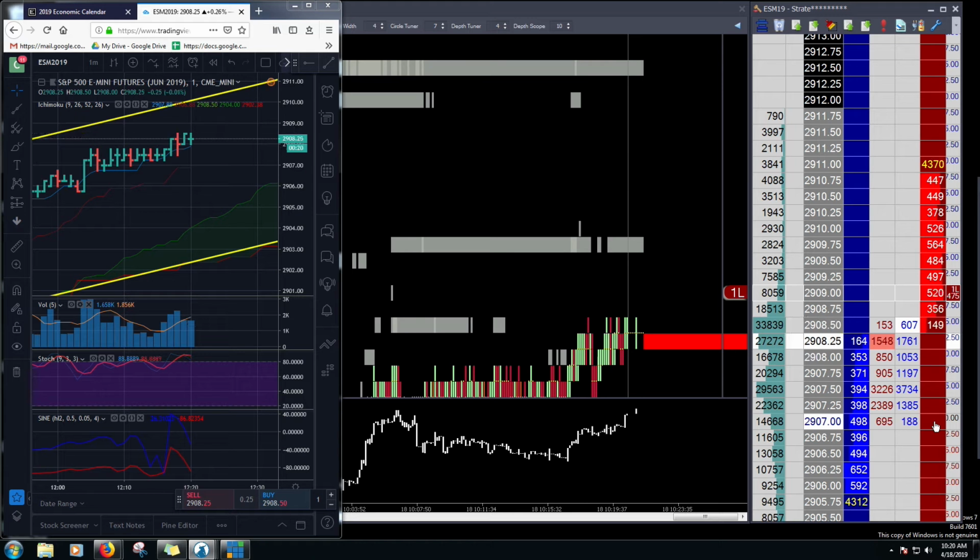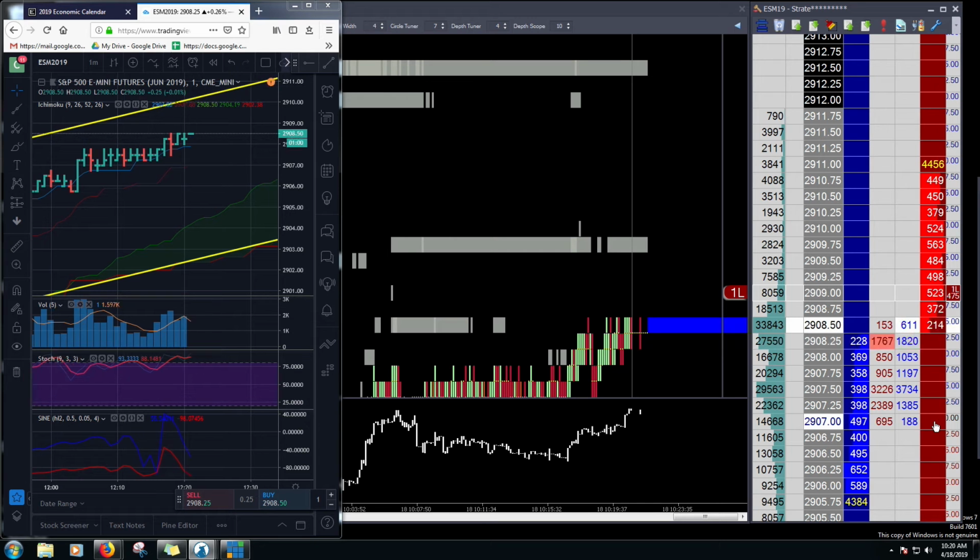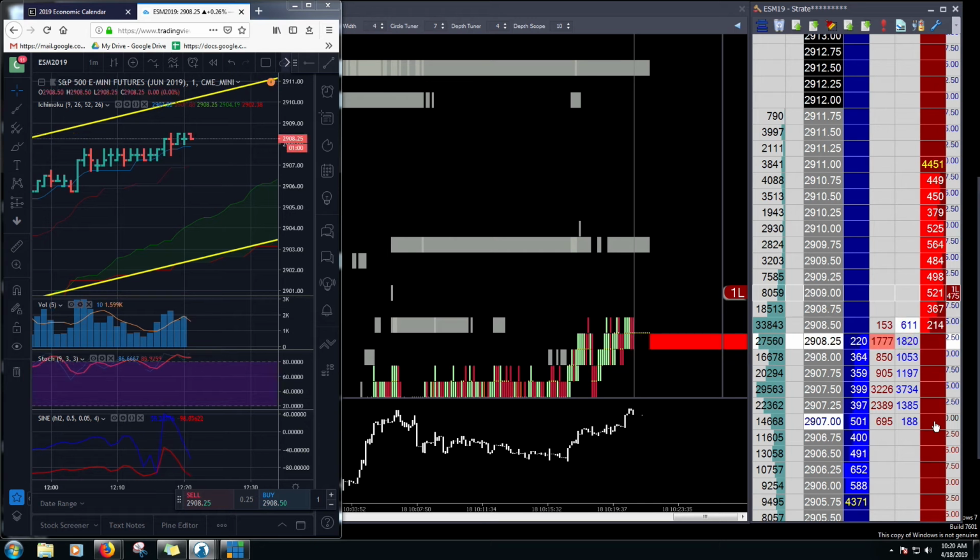Because usually I'm going for about 2 to 3 ticks, depending on the market conditions. And that's if I'm not doing my high probability plays. So it doesn't quite get to me.